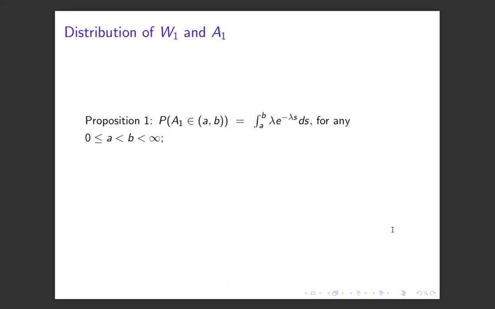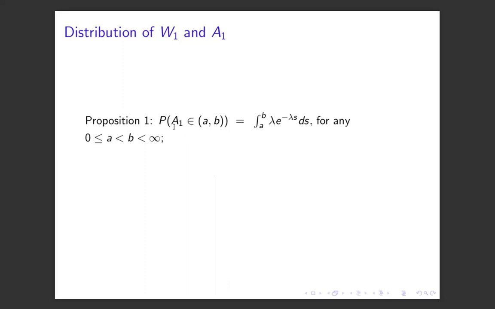Now we will find the distribution of W1. Of course, since W1 is equal to A1, that is also the distribution of A1. So what this result says is that A1 as well as W1 take values in 0 to infinity, the positive part of the real line.